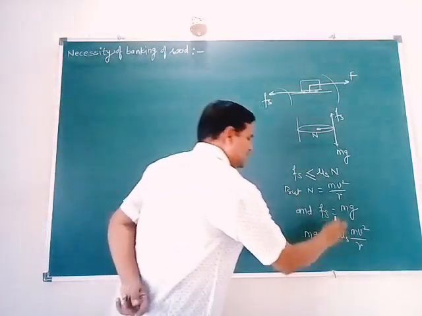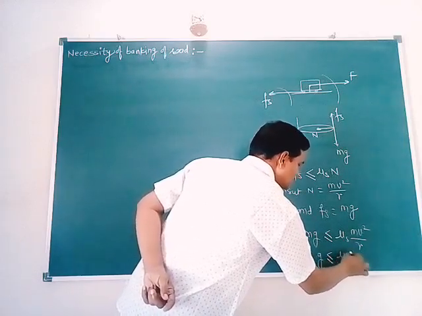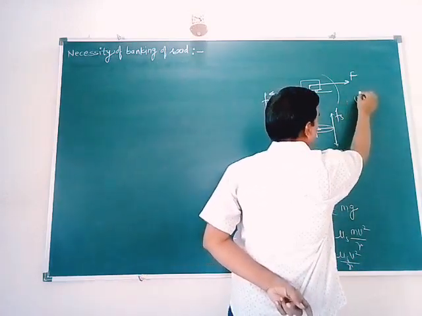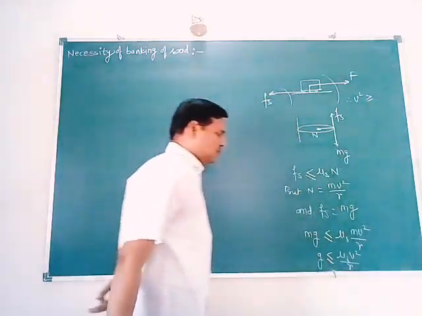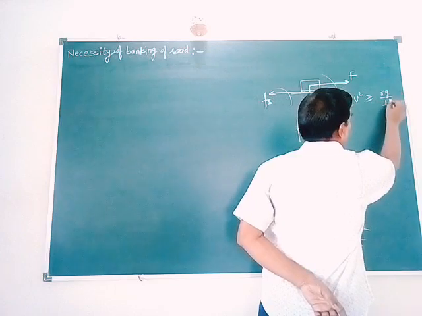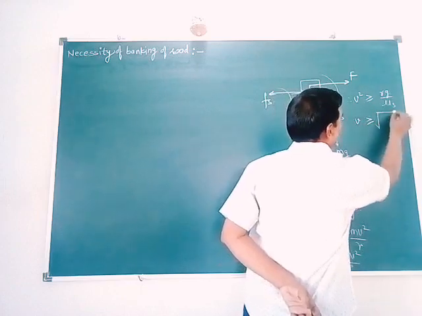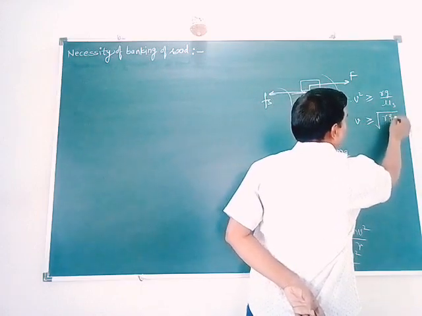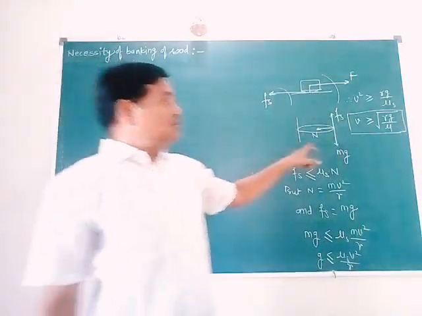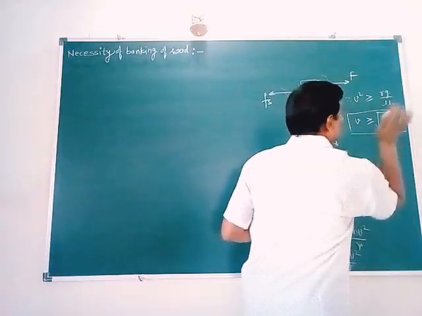So finally we can write this as g is less than or equal to mu s into v square divided by r, or in short v square is greater than or equal to r into g by mu s, and finally this velocity is greater than or equal to the square root of r g by mu s. So this is the conditional part. The velocity of the vehicle in the well of death must be greater than or equal to this value.